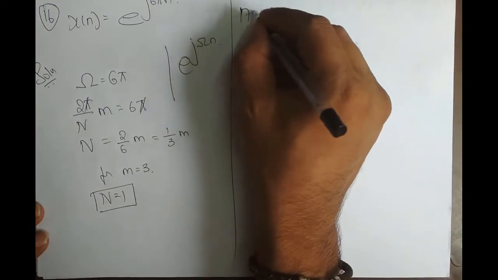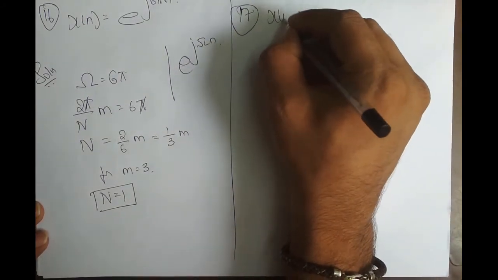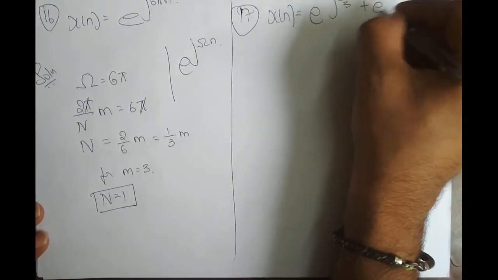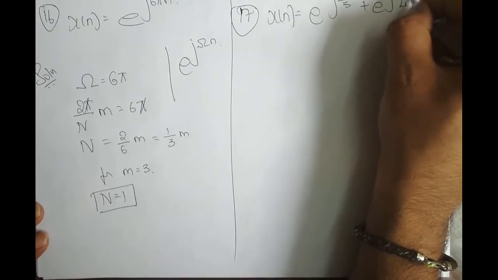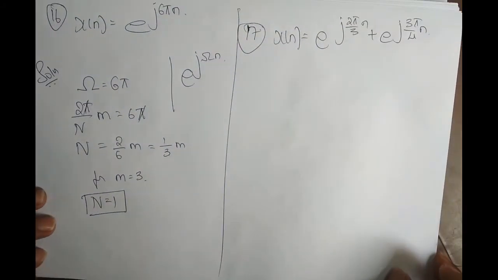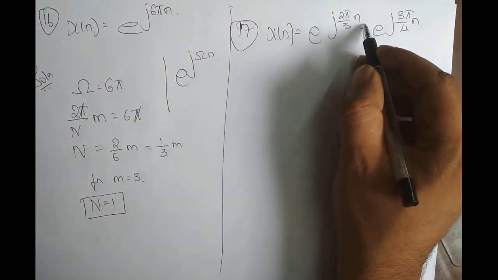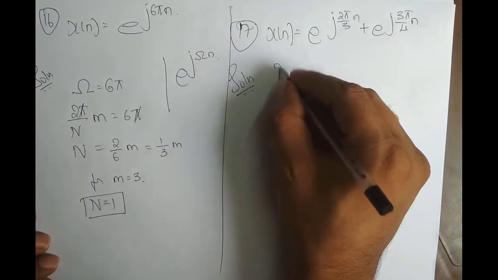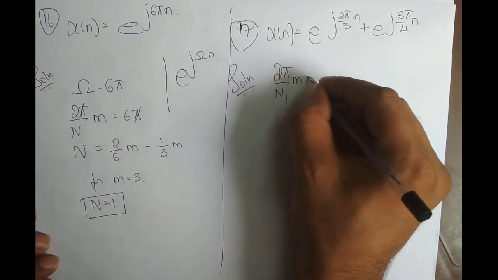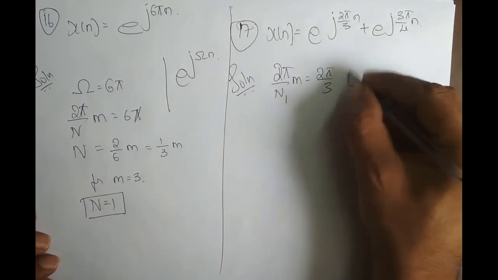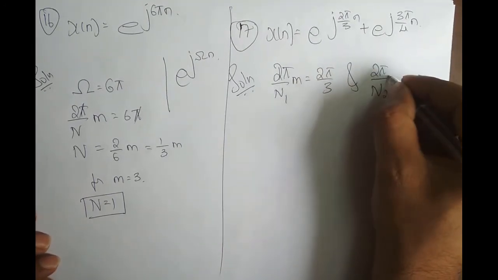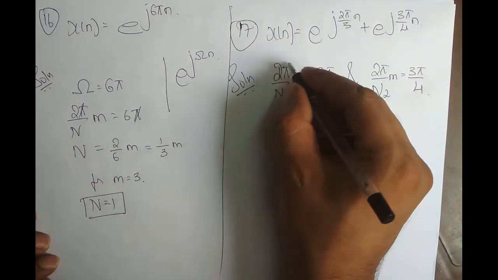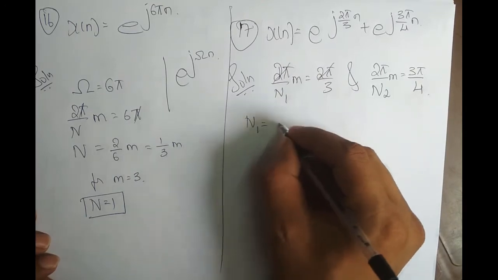So for every one sample, the signal will repeat. Now problem number 17. X of n is equal to e power j 2 pi by 3 into n plus e power j 3 pi by 4 into n. So solution: get n1. 2 pi by n1 into m is equal to 2 pi by 3, and 2 pi by n2 into m is equal to 3 pi by 4. 2 pi cancels out, so n1 is equal to 3 times m.